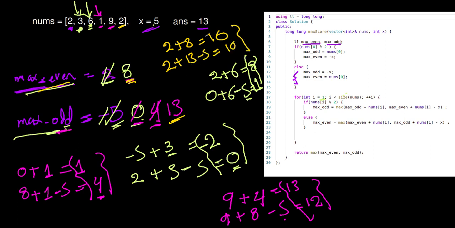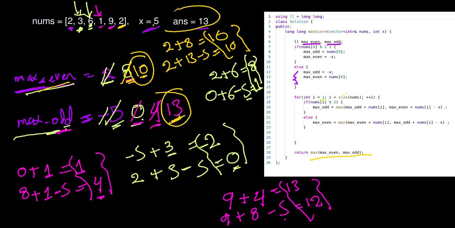The maximum is 10, so we update the max even to 10. Because this value is even, we update the max even, and at the end we return the maximum of the max even and max odd. So here we have 10, here we have 13. The answer is the maximum, which is 13.